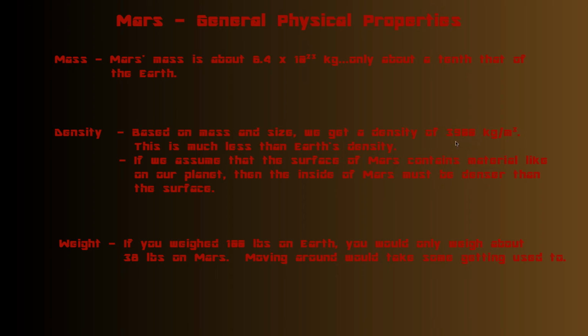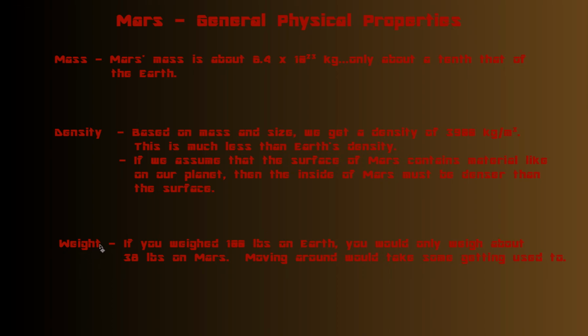That's how averages work. If you have a smaller number and a bigger number, they average out to something in between, right? We'll talk more about the inside of Earth, and we're thinking that probably there's a lot of similarities to the inside of Mars, although Mars is smaller, and so would have had a chance to cool more quickly. But that's for another video.